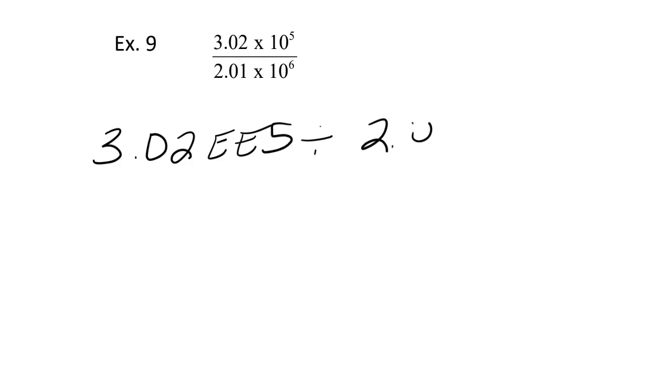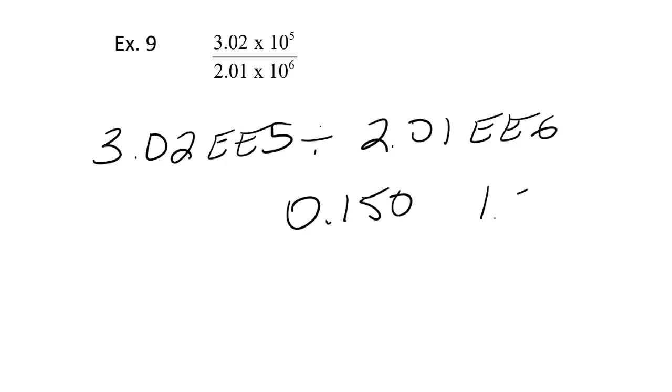So you're going to put in the calculator 3.02 EE5 divided by 2.01 EE6, and you get 0.150, which is 1.50 times 10 to the negative 1.